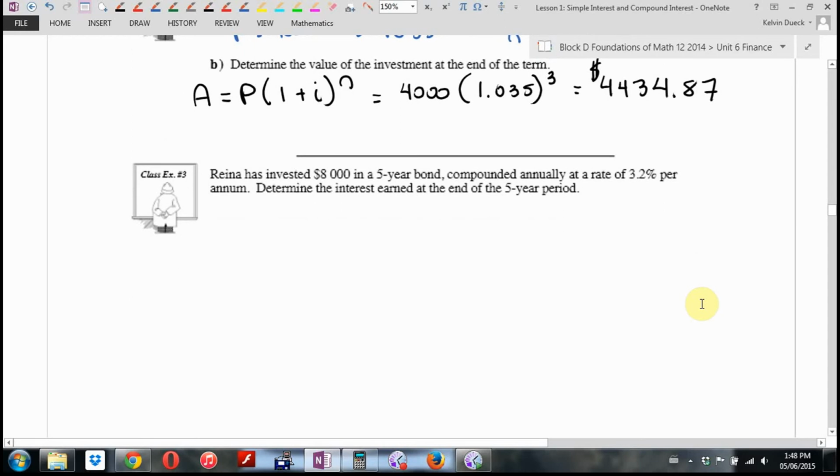Example 3. Rihanna has invested $8,000 in a 5-year bond compounded annually at a rate of 3.2% per annum. Find the interest. Compounded annually, I'll underline that, and the rate is per annum, 3.2%. So the equation I'm going to use is A equals P bracket 1 plus little i to the n.